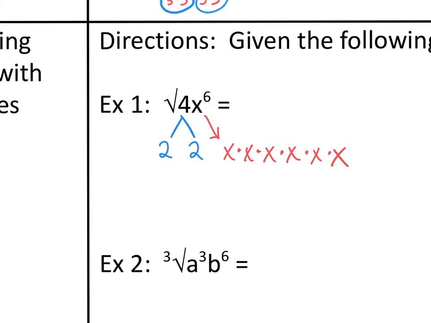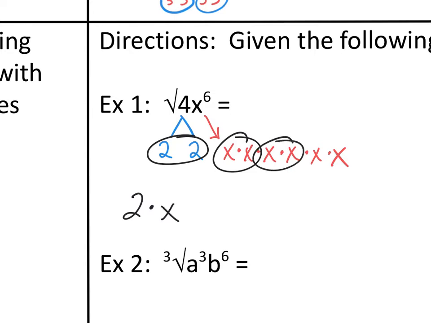Okay, what's my index here? 2. Okay, it's a square root. My index is 2. So I am circling my groups of 2. So I've got a group of 2, a group of x's, another group of x's, and another group of x's. So 2 times x times x times x. So we'll just keep the coefficient.